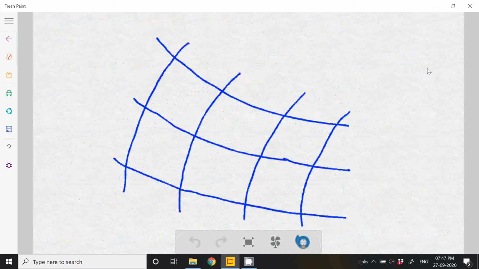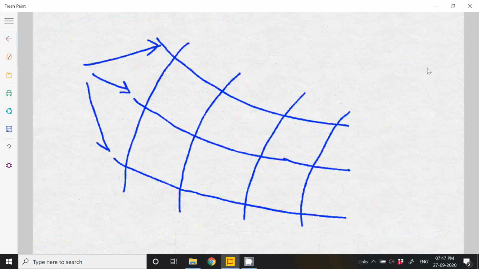Which ones are the flow lines? These are the flow lines, which show the movement of water. And which are the equipotential lines?